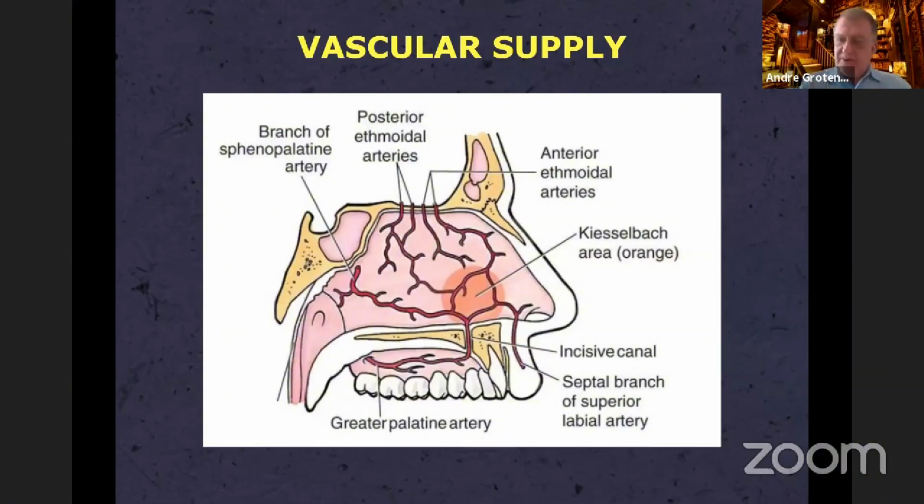And altogether, these arteries, and the same you see here from the back, and we know that from the flap, everyone knows it from the Hadad-Bassagasteguy flap, that the sphenopalatine artery is important. These 5 arteries have anastomosis. They connect together.